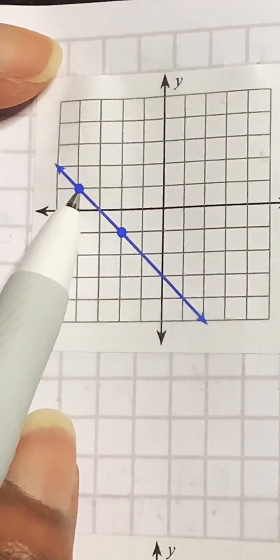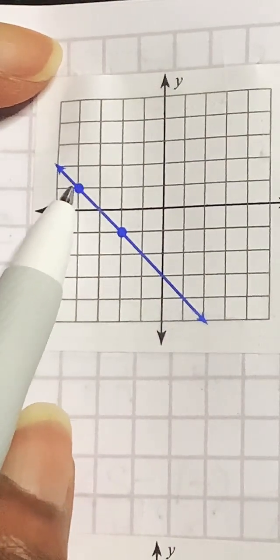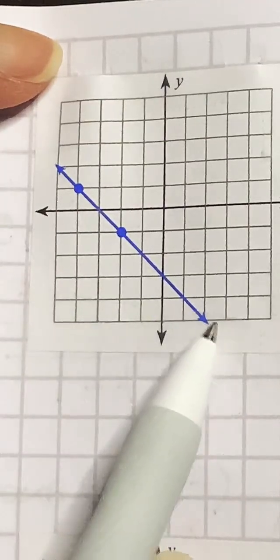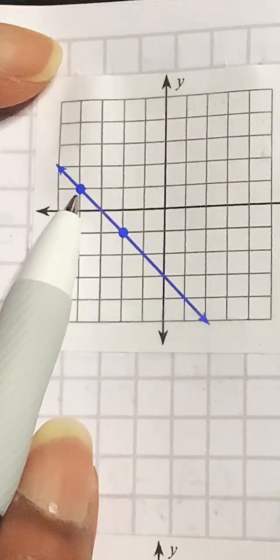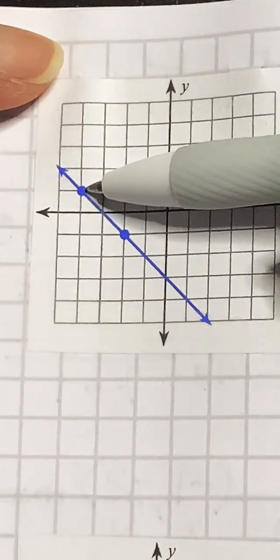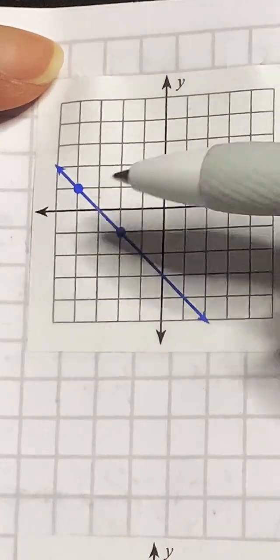Notice it's a point on the line because it's intersecting my grid right here and going right through. So if I start from this point and I want to get to this point, that means I need to go down 2, so that's negative 2. And then over to the right 2, positive 2.